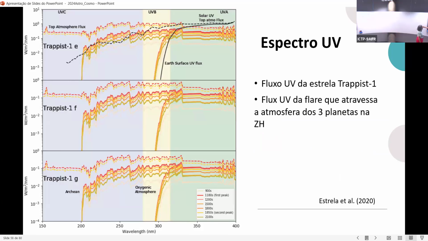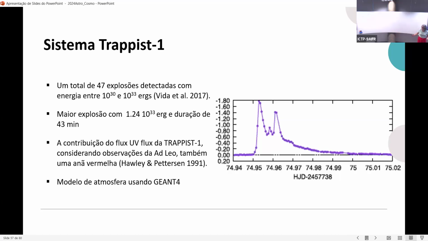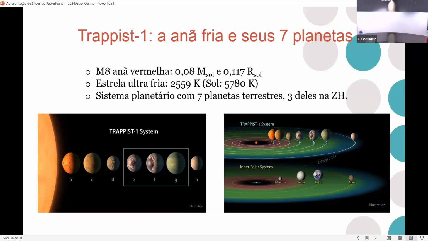And it has 3 planets in the habitable zone: E, F, and G. The planets are named after the star, and then b is the first planet discovered, then c, then d, and it doesn't necessarily follow the distance to the star. In this case it's true, but it's really the order of discovery.